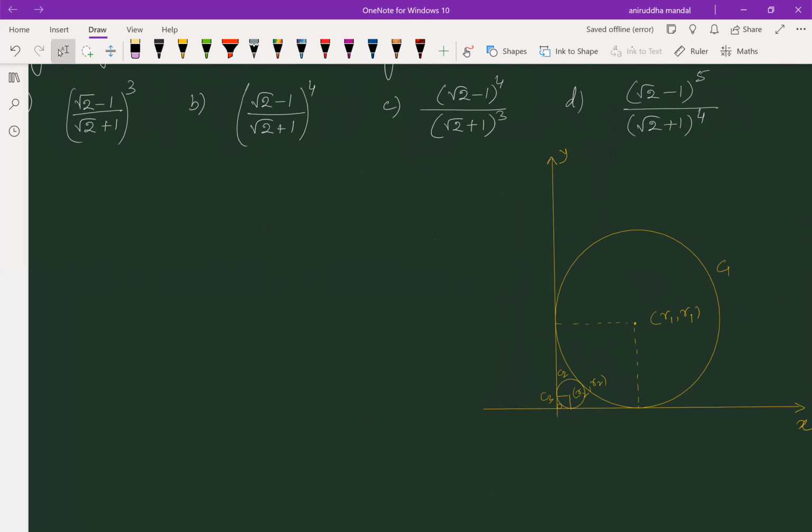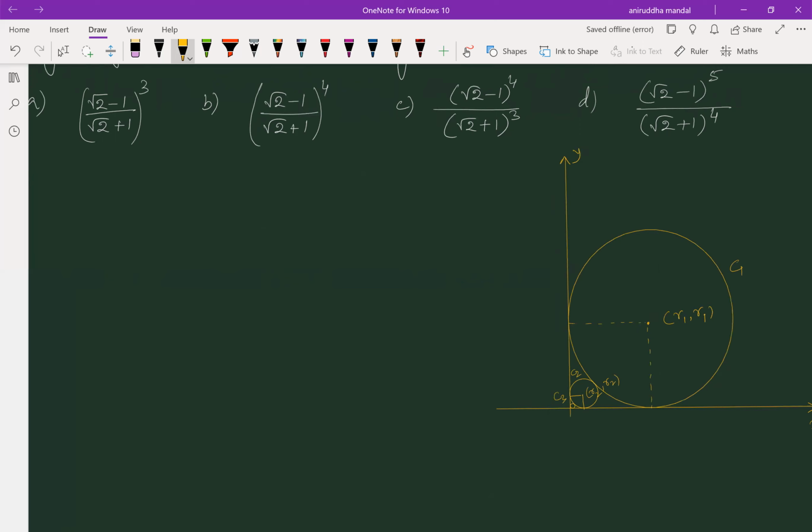Let's start the solution. Let's say this has the radius of R1, so this touches both the axes, so the center should be (R1, R1). Similarly for the circle C2, let the radius be R2. As it touches the axes x and y, its center is (R2, R2), and so on.